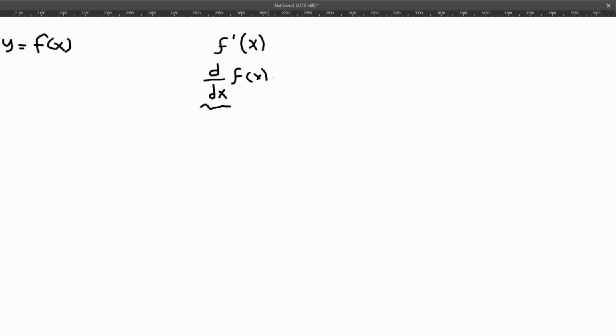Now, if we say that y equals f of x, we can also denote the derivative as y prime or as dy over dx. These four are pretty much all that you need to know for the notation of differentiation. All of these mean the derivative of f of x.